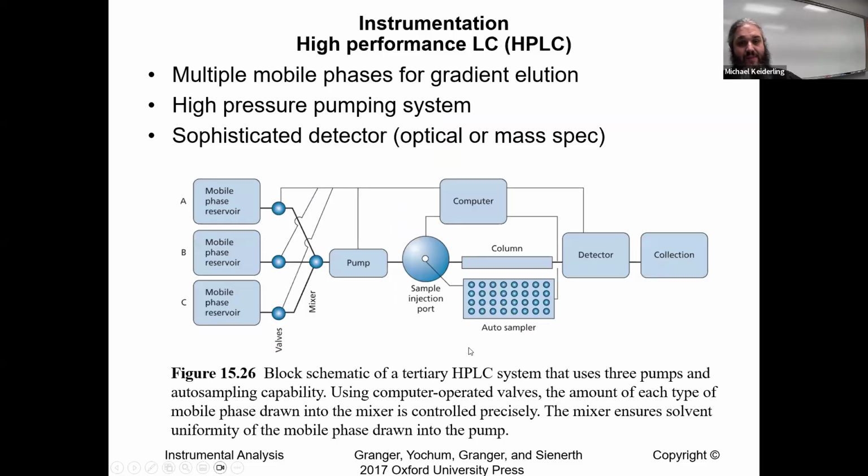High performance liquid chromatography has multiple mobile phases with a mixer, a pump, a sample injection port, which may be hooked up to an autosampler, a column, a detector, and collection, all tied to a computer. And it has a sophisticated detector, which is your optical, maybe mass spec.